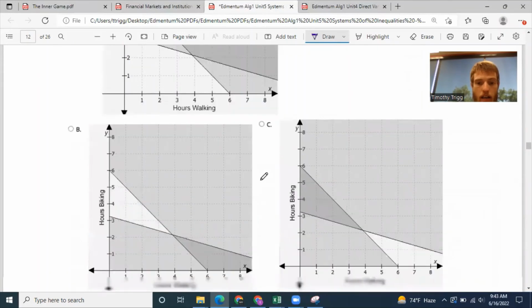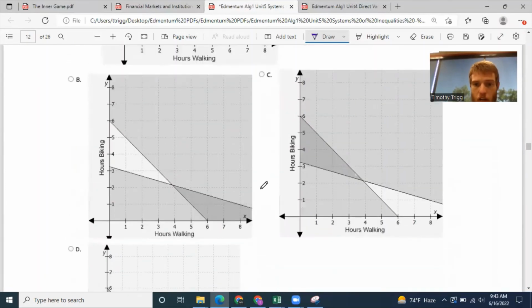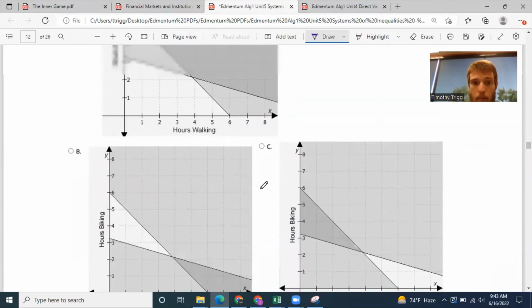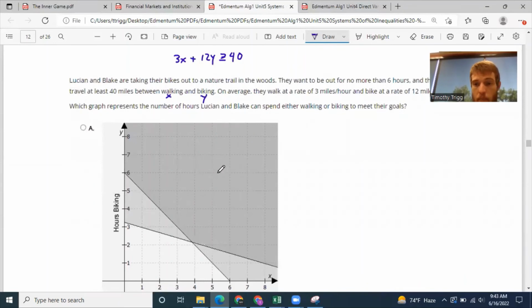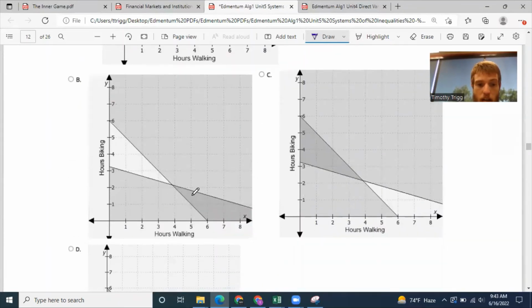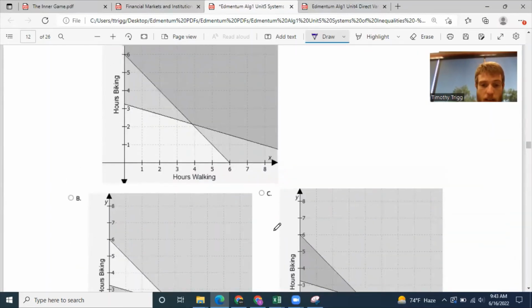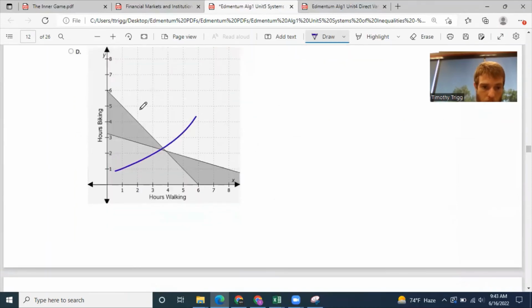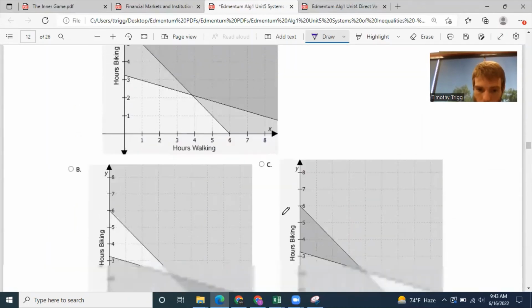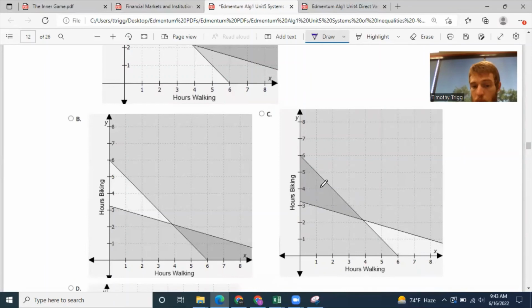What you could also try is a test point, because all these graphs kind of look the same. They're just shaded differently, right? This one's shaded in the top section. This one's shaded in this section. This one's shaded here. And this one's shaded in both of these. So what you can try is, well, it's definitely not this one, by the way. Try a test point from each location.